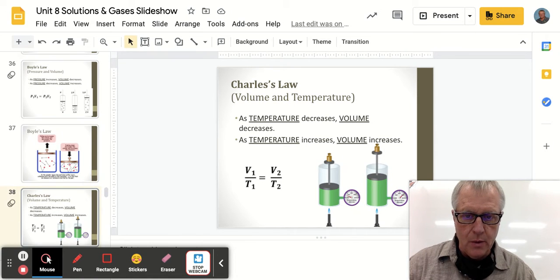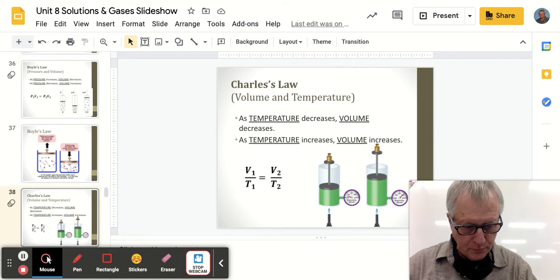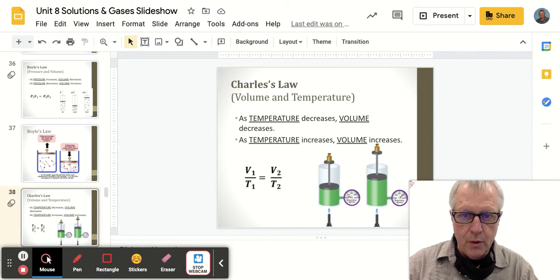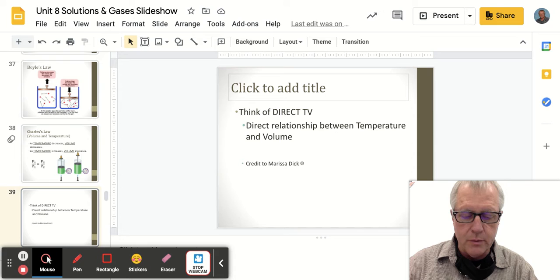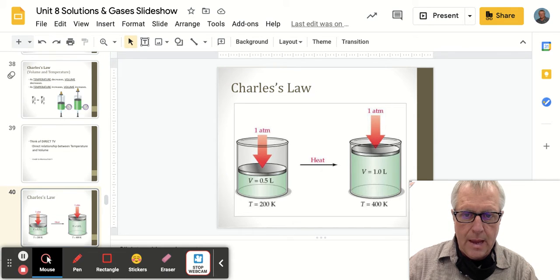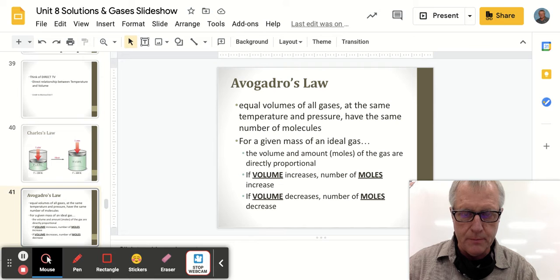This is what we call a directly proportional relationship. So there's Charles' law and there's Boyle's law. Again, if you had a container that the gas could expand in, you would expect it to increase in volume if the temperature was increased.